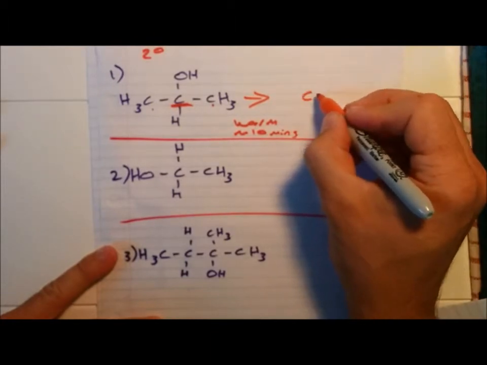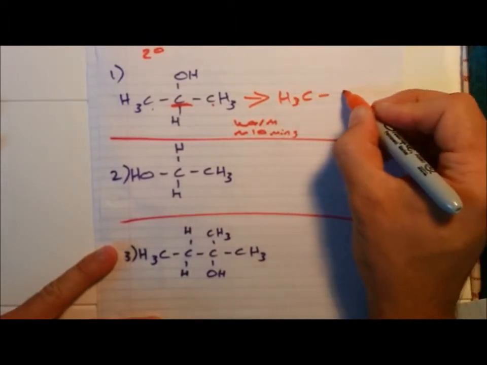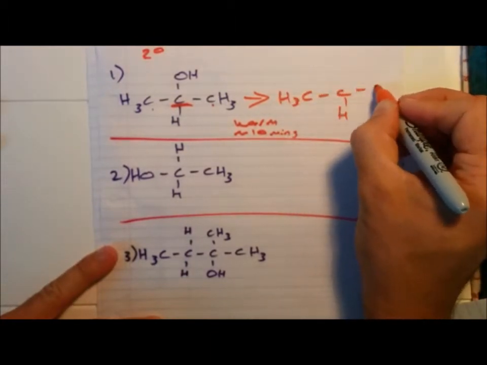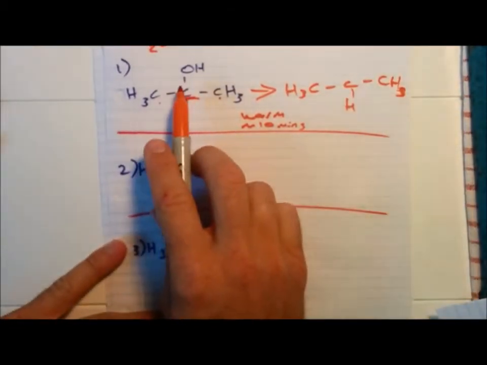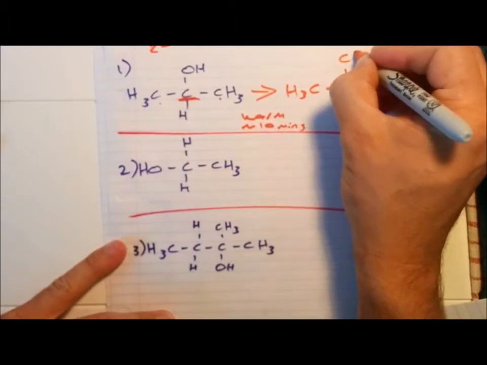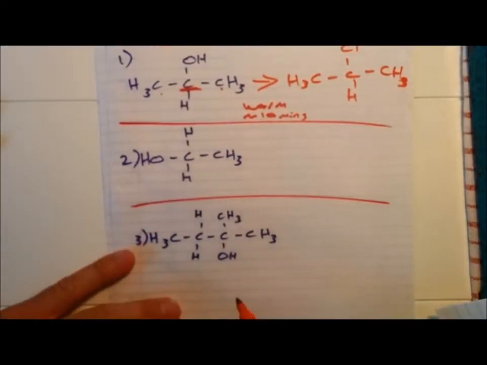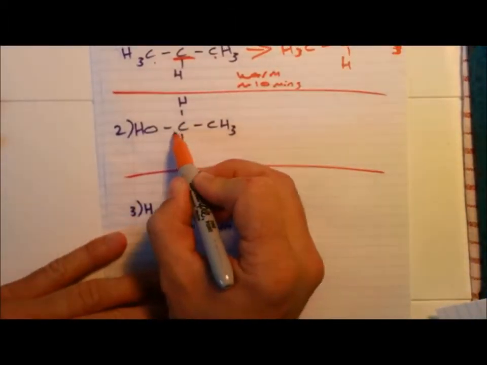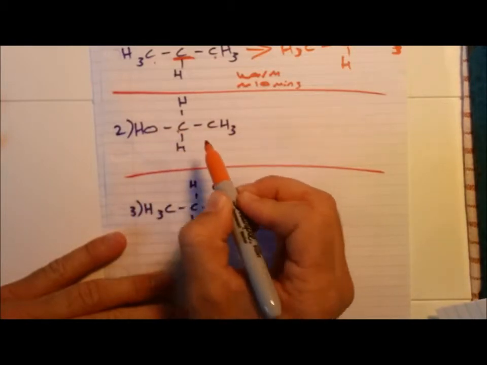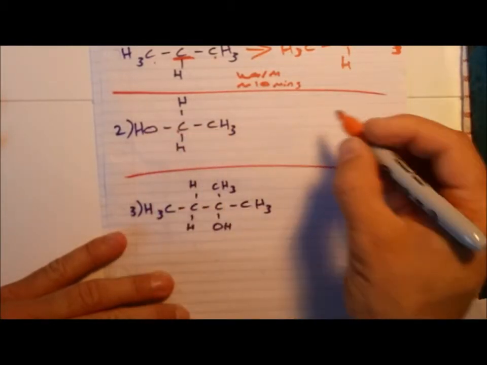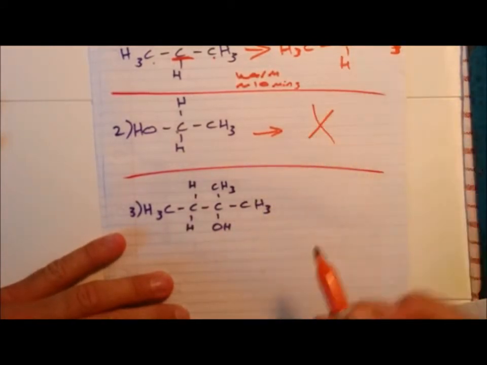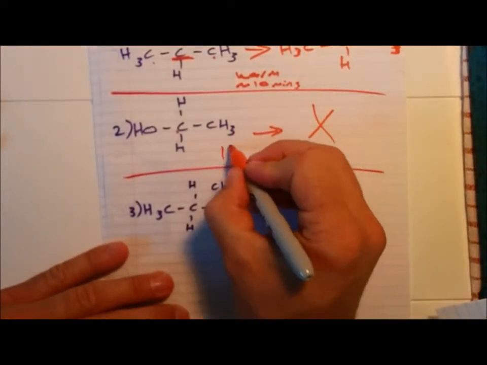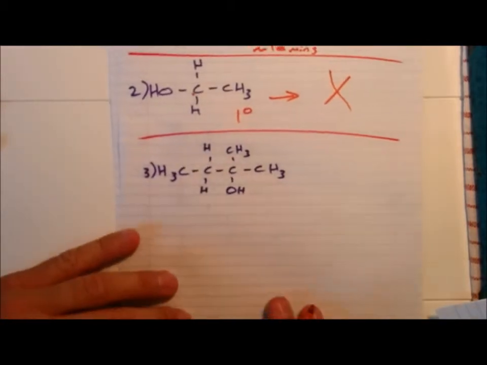And we end up with, right, there's our original, and then we just switch out the chlorine. Second one here, if you look at it, this is the carbon that the alcohol is joined to, and it's joined to one other. So when we try and do it, it won't react because it's a primary alcohol.